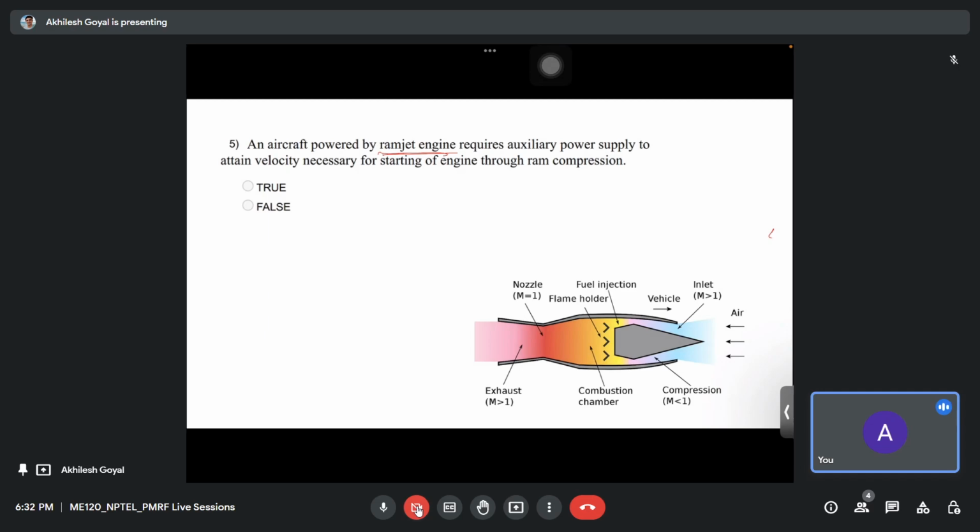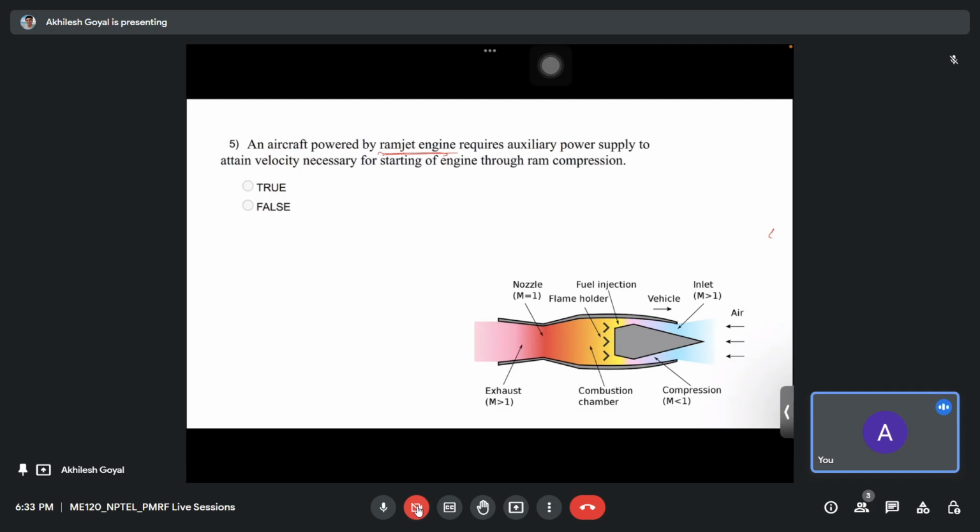So to start engines that have a ramjet in them, it is always necessary to have some alternate arrangement that will make the aircraft reach high enough speed that the ramming effect of air can be felt in the compression.